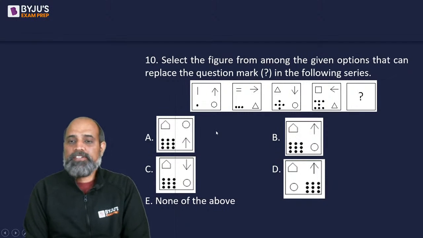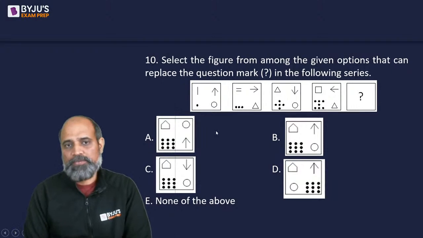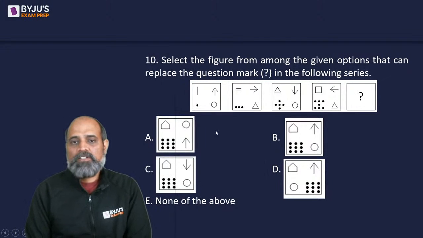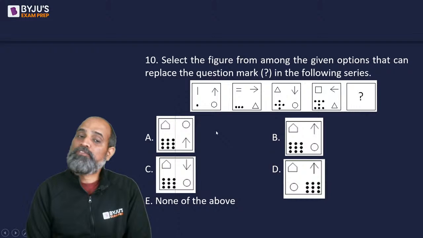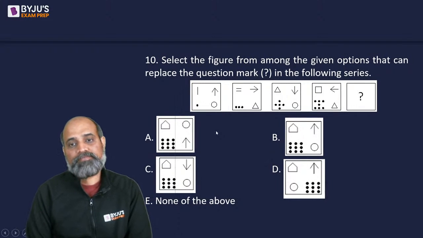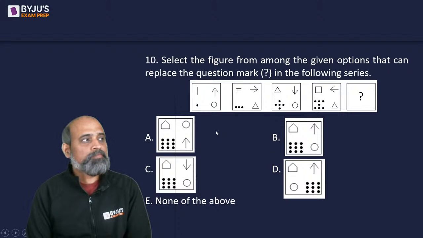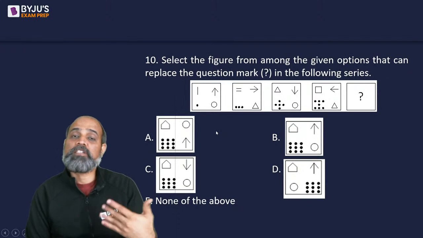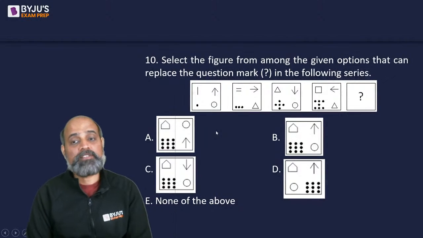Select the figure. So complete this sequence, right? So we have a line, we have an arrow, we have a circle, we have one dot. Some things are constant, some things are alternating, some things are increasing, some figures are coming out to be new ones, right?